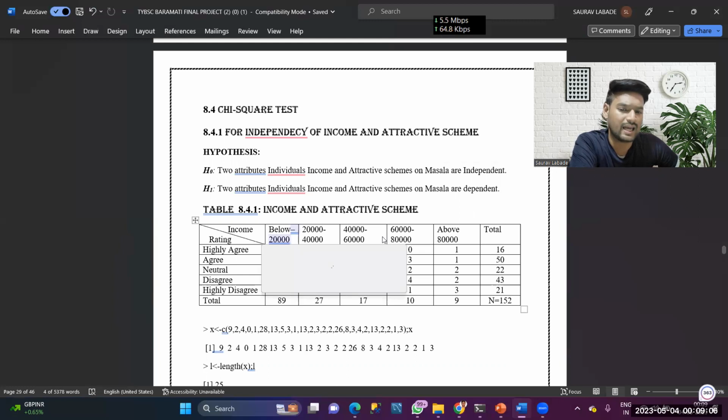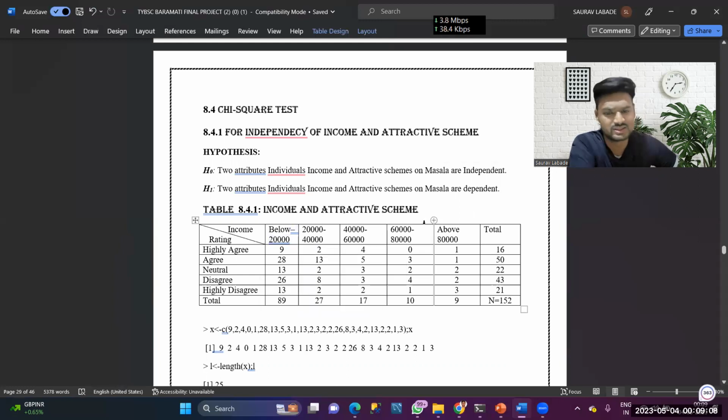So I had that data. This is the particular question I had already asked the population, the sample, that means the individuals I had, and from that questionnaire I got this data, income and attractive scheme.